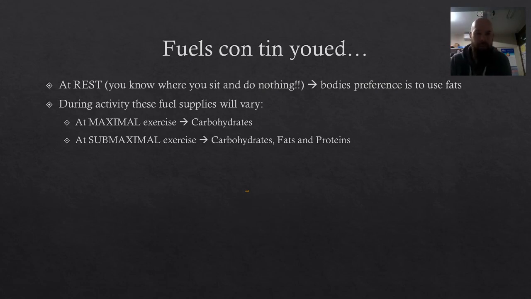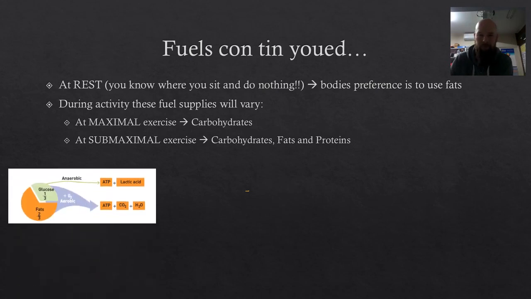At submaximal exercise, we're using a combination of carbohydrates, fats, and proteins. Even though I said it's not a preferred energy supply, it can be, in emergency situations, if you remember that. So this is the contribution of each, dependent on the activity.